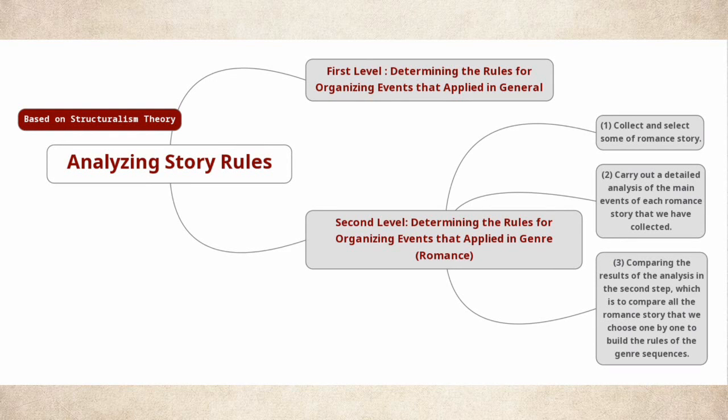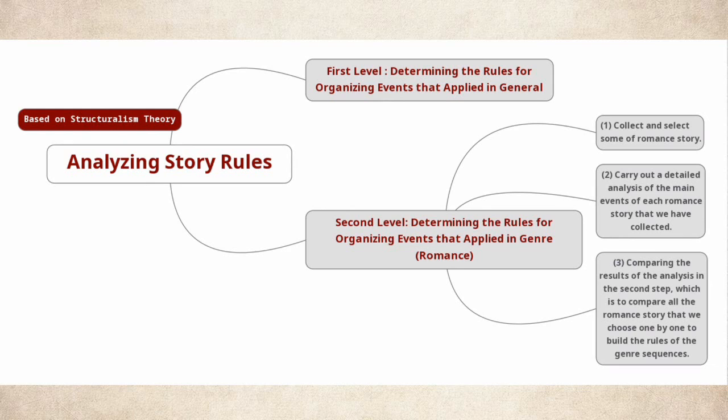The second level is determining the rules for organizing events that apply in a genre, especially romance. Romance stories continue to grow and develop, giving birth to various subgenres. Therefore, the study material is still wide open for analysis, so that the emergence of new rules can be understood.